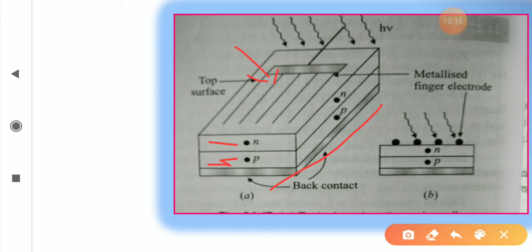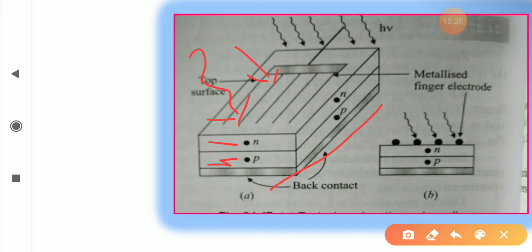Now, when the light falls on this surface, the light can pass through the finger electrodes because so much of the surface is clear. The metallic finger electrodes cover less than 15% of the surface.